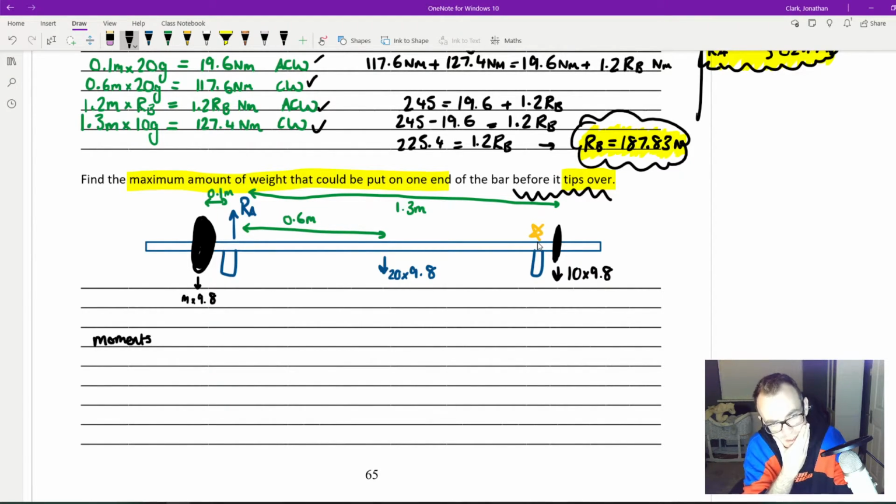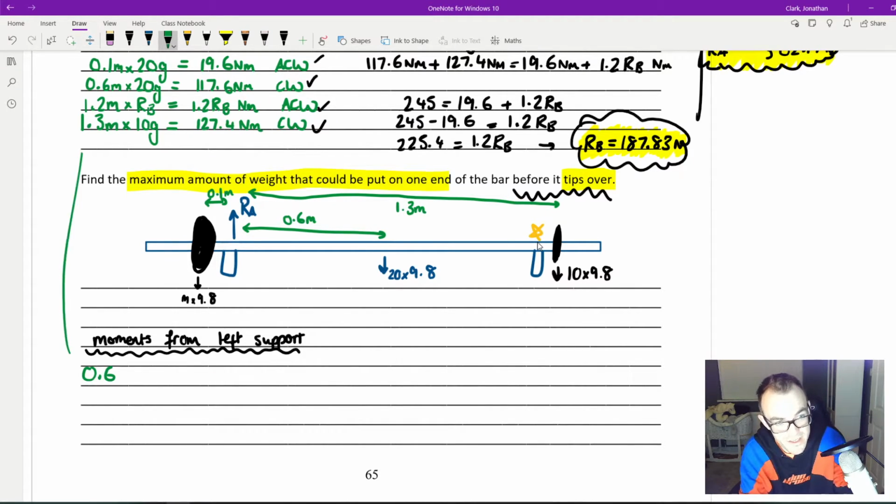Now, let's still consider moments from the same place. And we're keeping in mind here that there's no reaction force over here. So what have we got? Let's go over here with the numerical stuff first. So the moment from the bar itself, I'm going to pinch from the previous example.